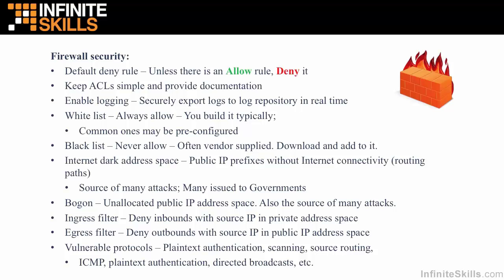So the default deny rule says drop everything in both directions unless there's a rule that specifically allows that type of traffic. That's our default deny unless there's an explicit allow rule. Generally, when you're building this list of rules in what we call the access control list, the ACL, you want to keep it as simple as possible.